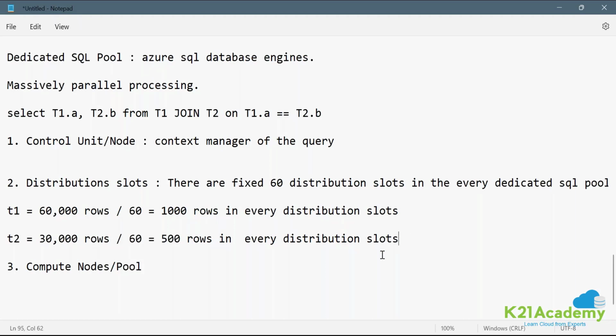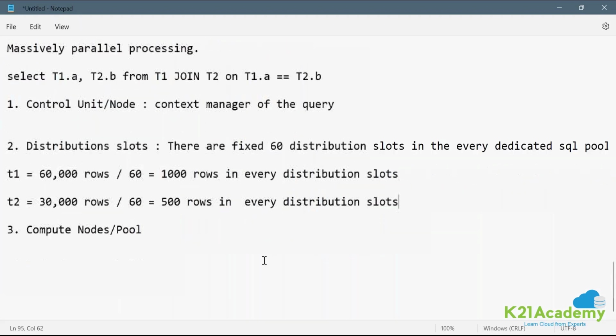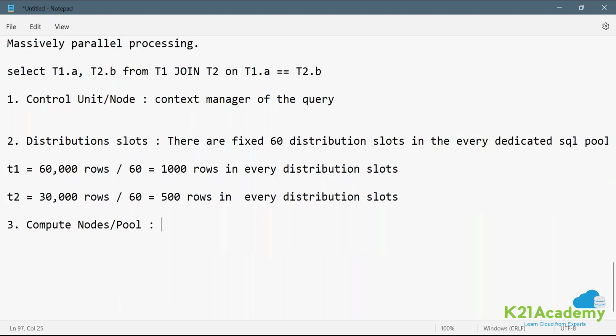And how many compute nodes you have in your cluster depends on DWU. Here you have 60 slots fixed, but how many compute nodes you have depends on DWU.